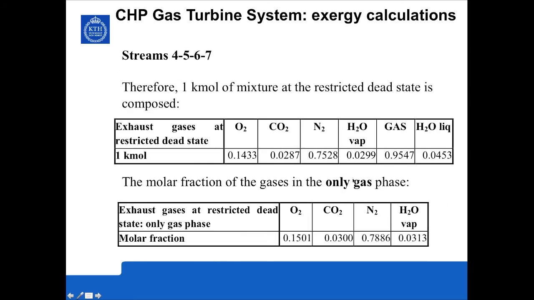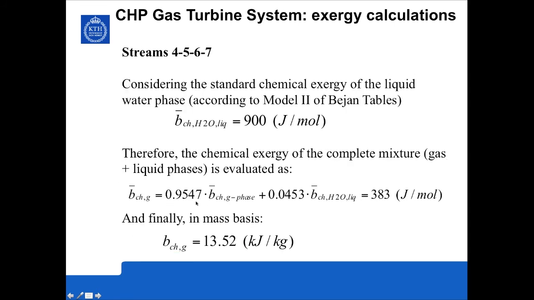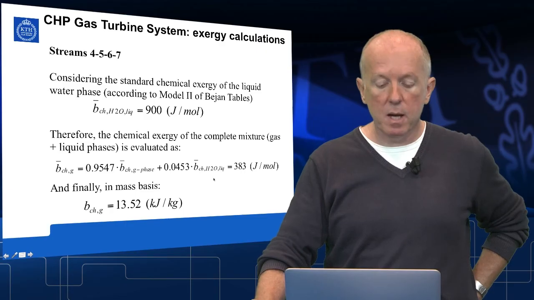Remember, the molar fractions are these ones. This is the molar fraction of the gas phase, this is the molar fraction of the liquid water. So, going back, this is the calculation: 0.95 by the chemical exergy of the gas phase, 0.04 by the chemical exergy of the liquid phase. It gives a result of 383 joule every mole.